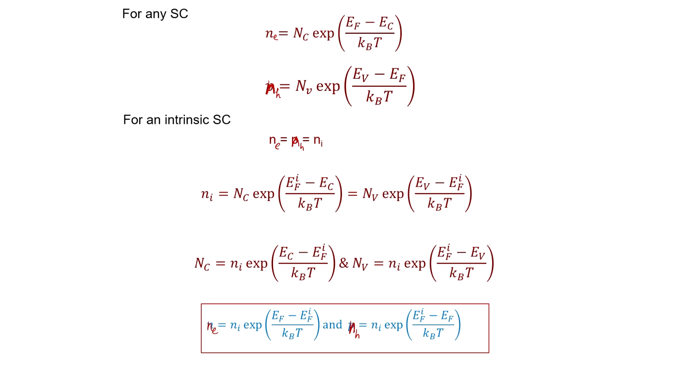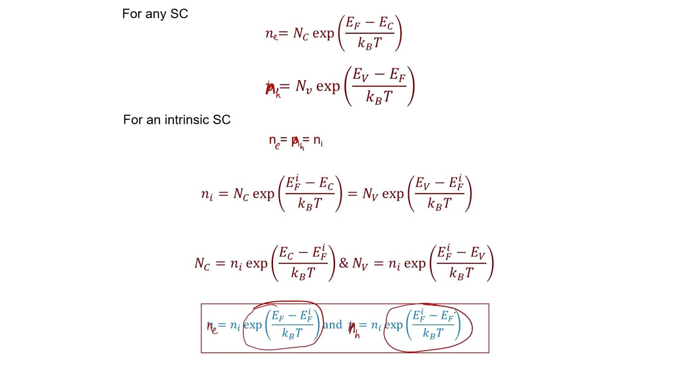So, we can see that Ne and Nh in terms of Ni differ by this function, exponential of (Ef minus EFI) divided by Kt.